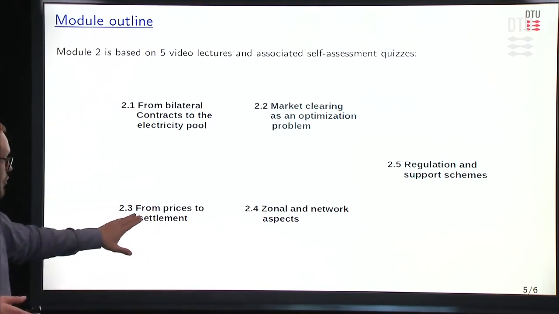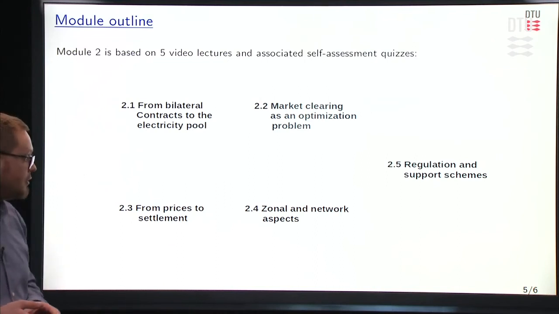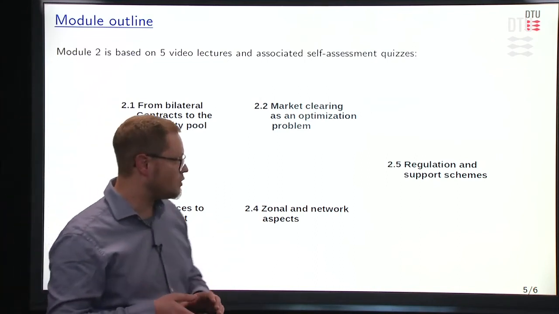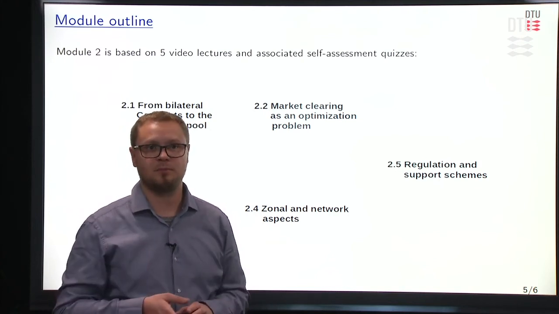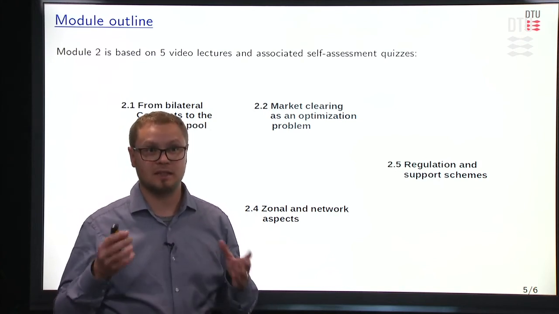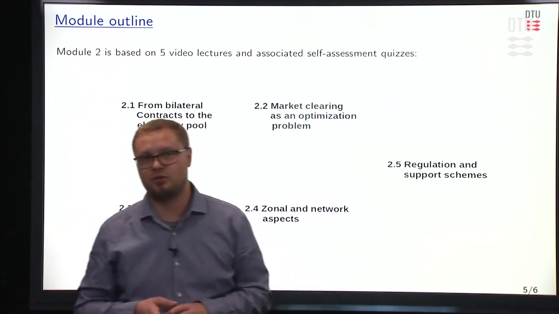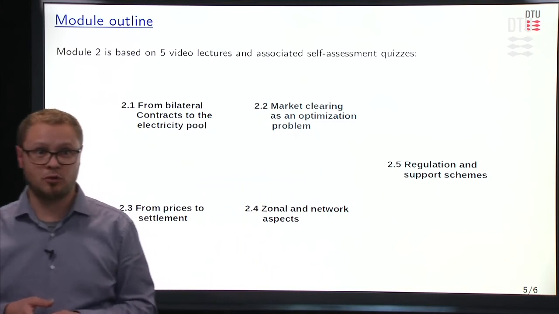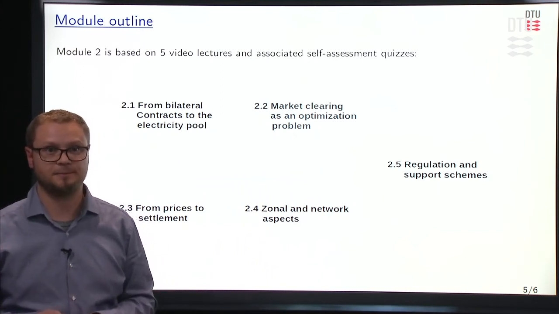We'll move on to prices and settlement so that you learn how to calculate revenues. We will look at zonal and network aspects, so to understand how there might be some spatial differentiation in the schedules and prices. And finally, I would like to introduce you to regulation and support schemes, and mainly the impact they may have on the day-ahead electricity market.